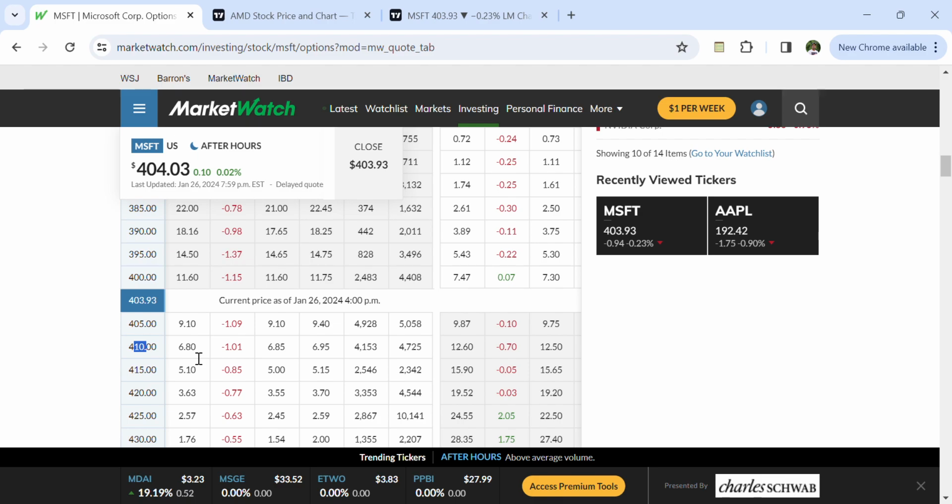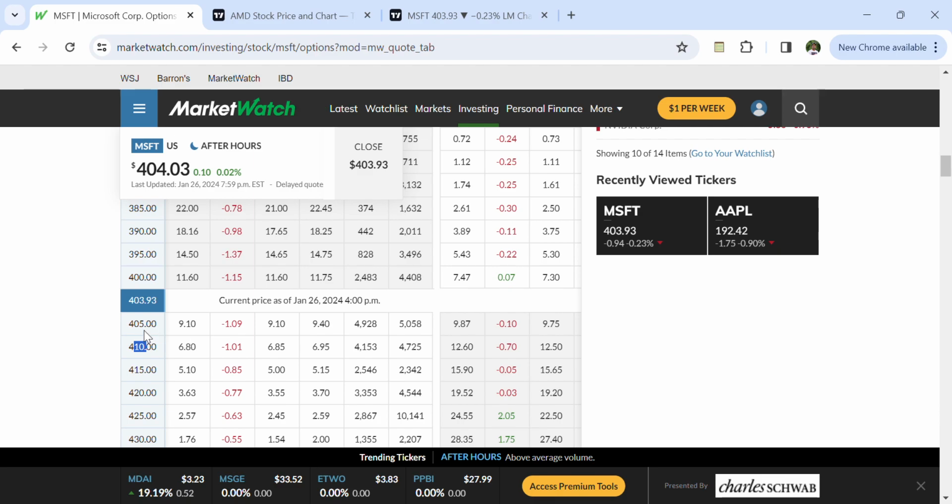So in the net, the difference is 2.30. If you buy a 405 call and sell a 410 call of Microsoft with expiry February 2nd, you will end up paying 2.30, meaning $230 after multiplying by 100. So you'll be paying $230, and that is called a call debit spread.